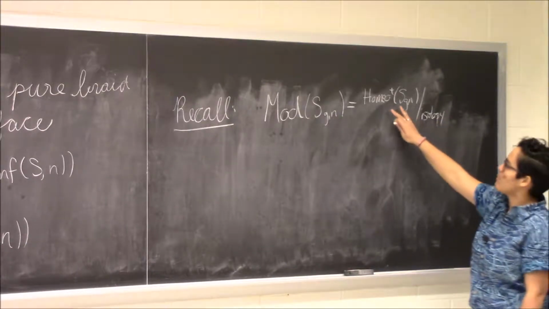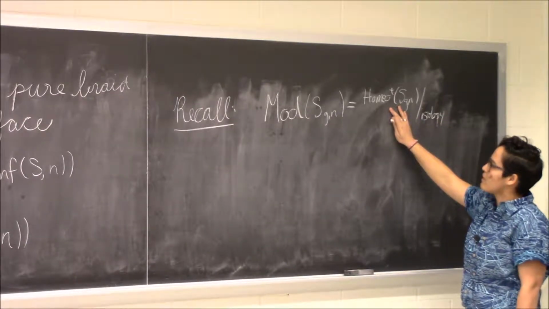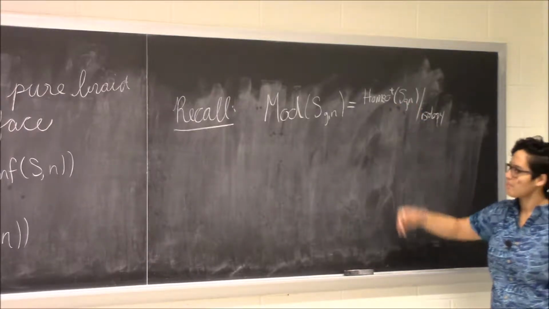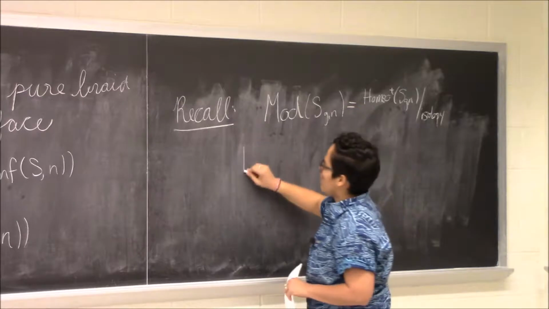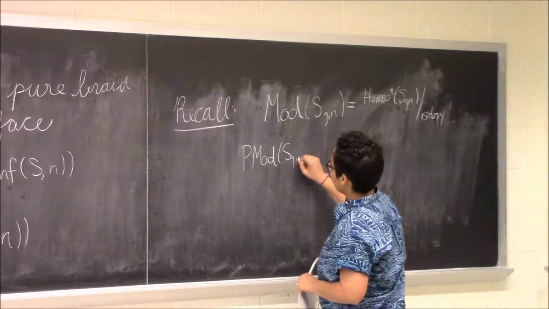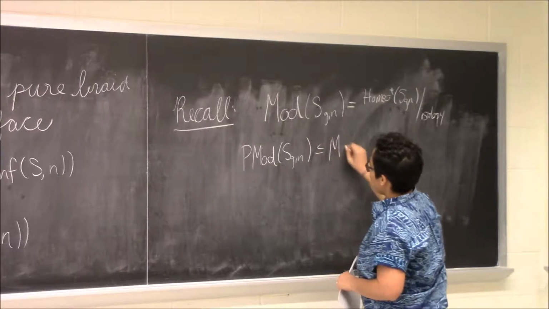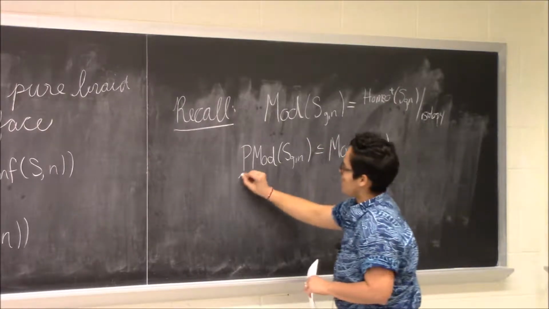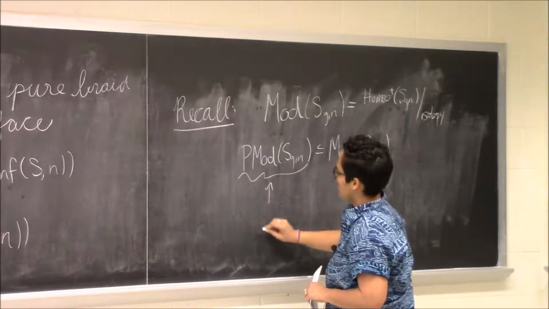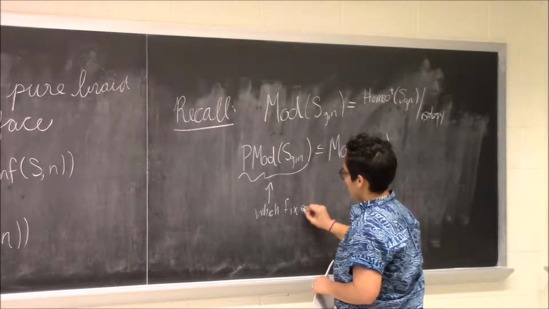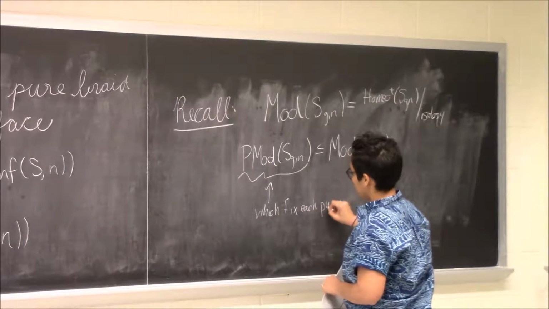And when I'm looking at the homeomorphisms of my punctured surface, I'm going to require that they preserve the set of punctures setwise. And then I can think of a subgroup of the mapping class group, which I'll call the pure mapping class group. So this sits inside the full mapping class group. And this will simply be the mapping classes which fix each puncture.